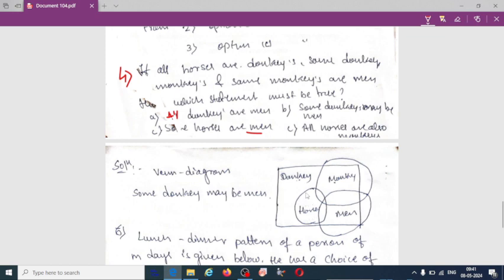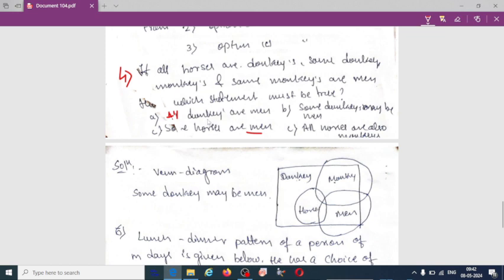Next, since all horses are donkeys, you should draw the circle inside for horses. Some monkeys are men, so these two circles coincide, monkey and men. And some donkeys may be monkeys. That means the monkey circle must pass through the rectangular box of donkeys.